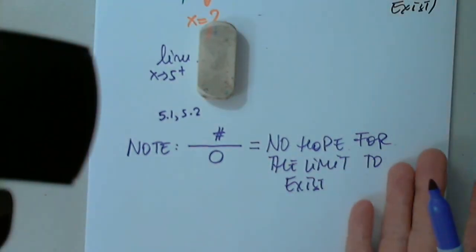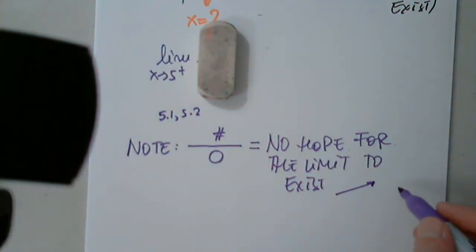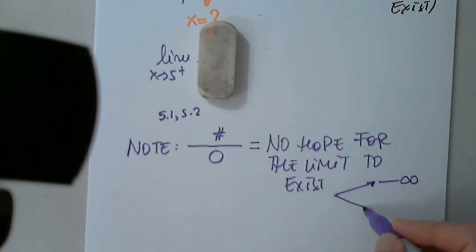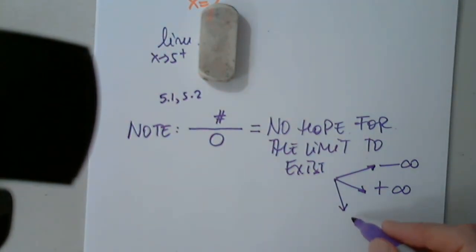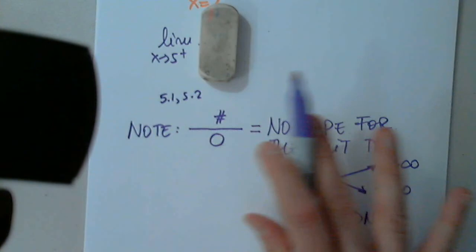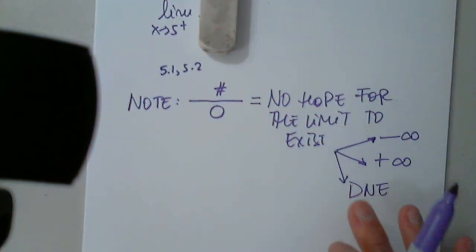What are the options? First option, negative infinity. Second option, positive infinity. Third option, what do you think? Does not exist. Of course. So there is absolutely no hope. Done.